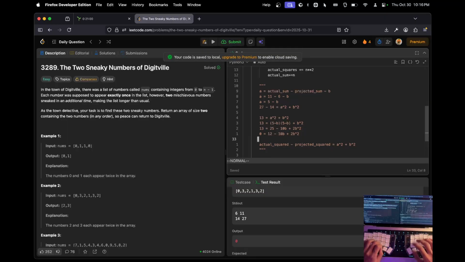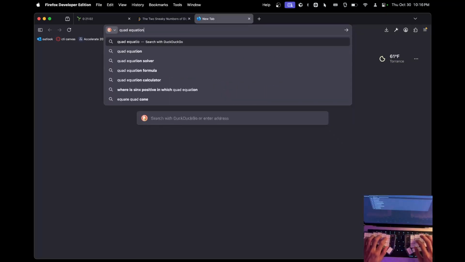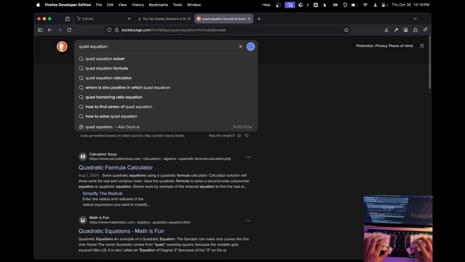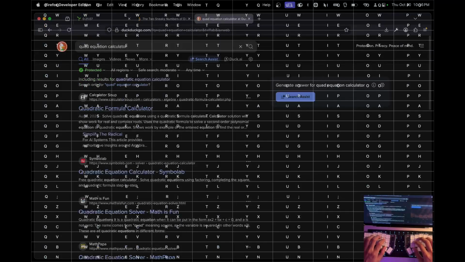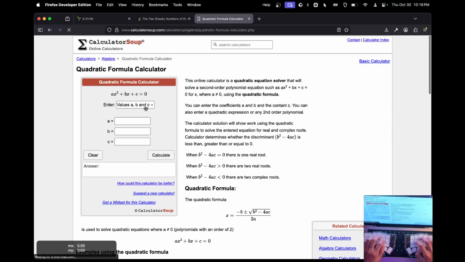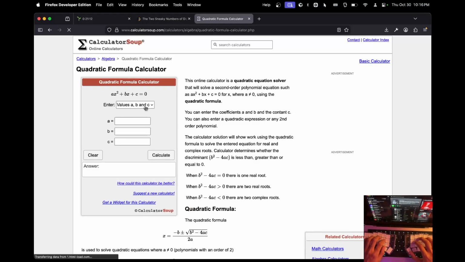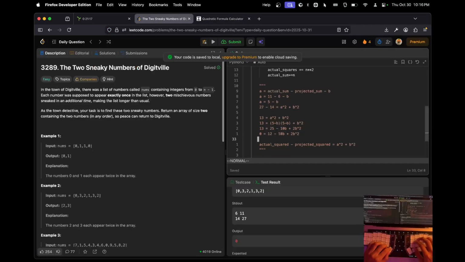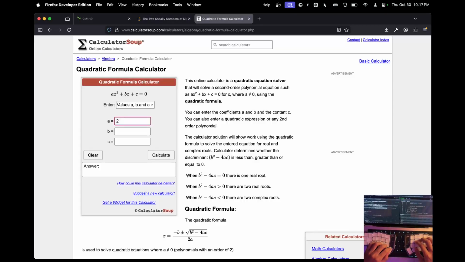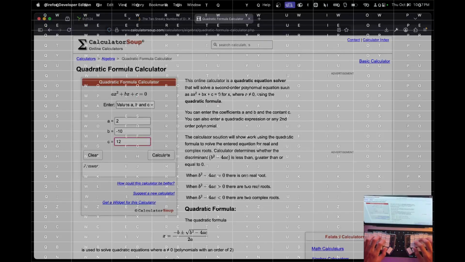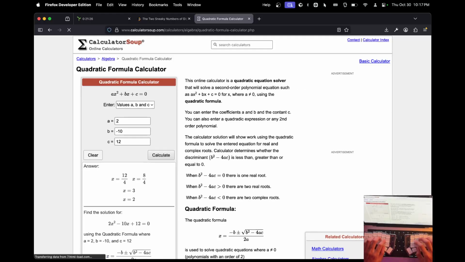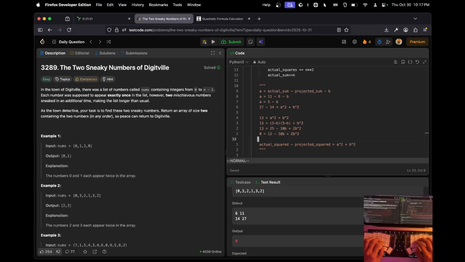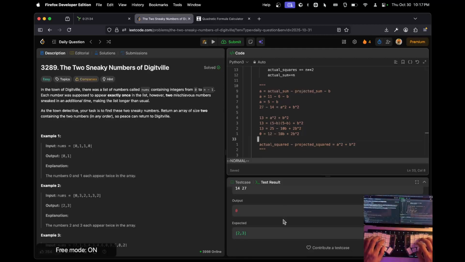And then you would solve for B. Your A in this case would be 2, then negative 10, and then 12. And your expected is 3 and 2.